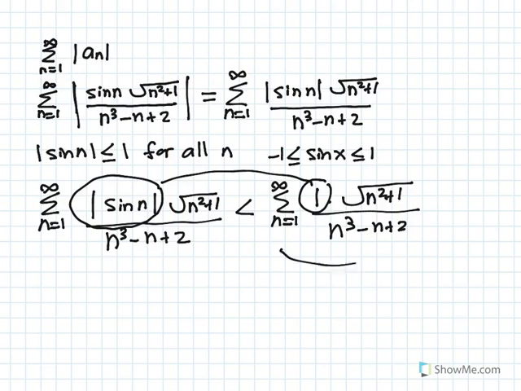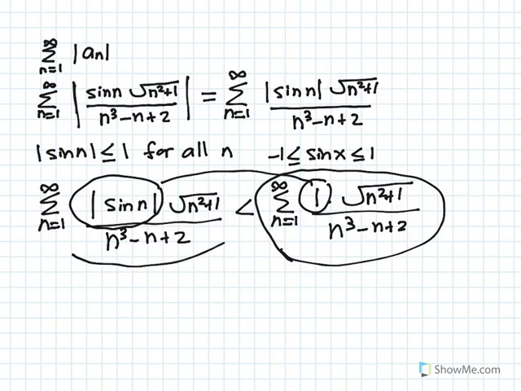So we just have to check this series on the right-hand side. If we can prove that this series converges, then by the basic comparison test, the series on the left will also converge. So let's check summation n equals 1 to infinity, root of n squared plus 1 divided by n cubed minus n plus 2.